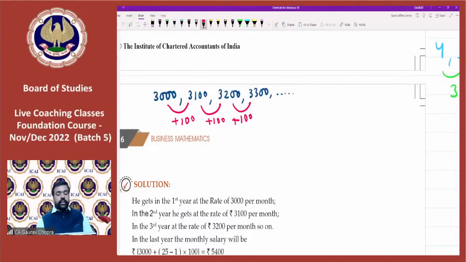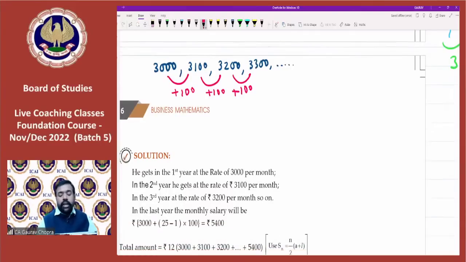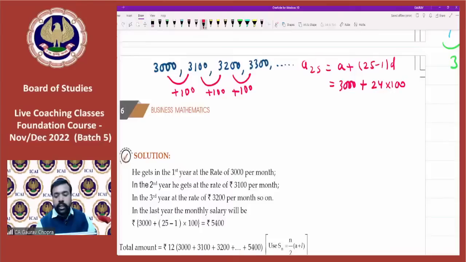So this series is known as arithmetic progression. And now we have to calculate the salary for 25th year. So A25 we can calculate as A plus 25 minus 1 into D. So first year is 3,000, then 24 into difference 100. So salary will be 5,400 rupees.